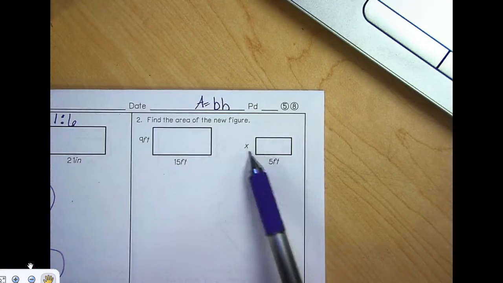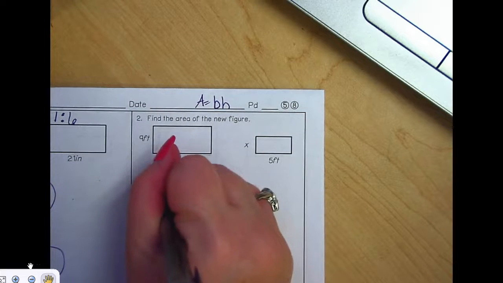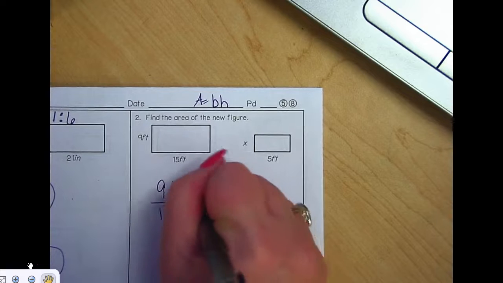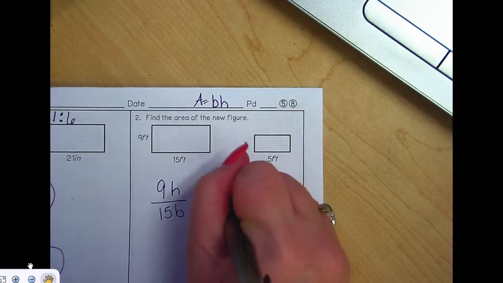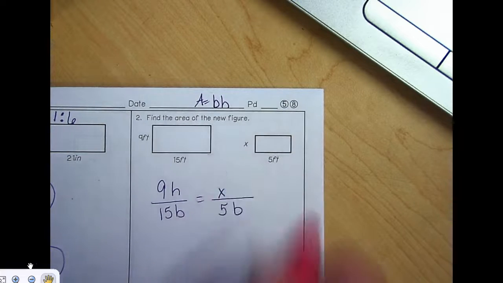No, what we need to do is we need to solve for x. How do we solve for x? Set up a proportion. So 9 feet for the height, 15 feet for the base equals x for the height and 5 feet for the base.